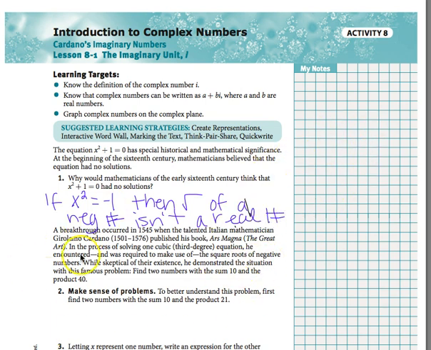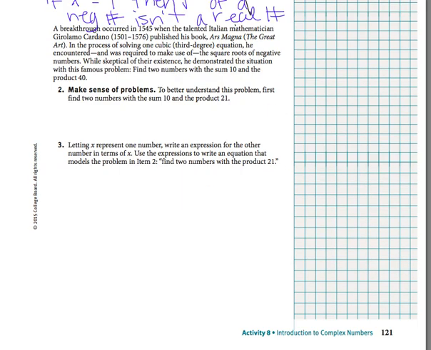So next, the book talks about Cardano, who was kind of the first person to break through with these imaginary units, and it talks about some of the things that he did to get there, which, if you're interested in the history part, is good. The math part of this, I think, is actually a little more confusing than what is needed.